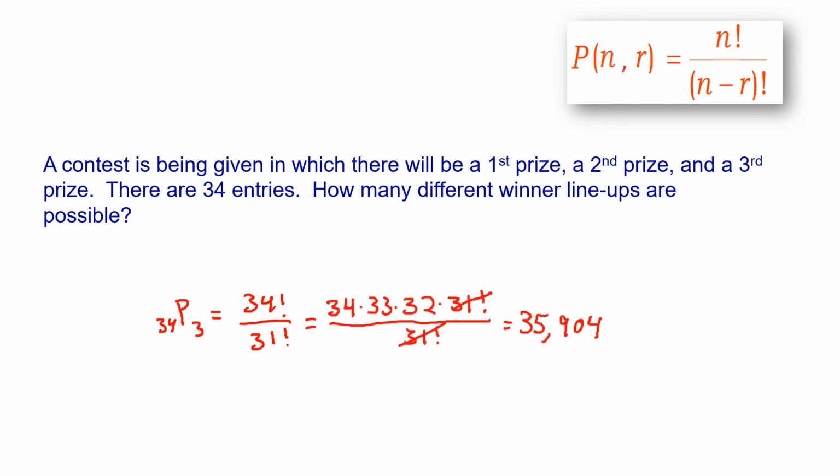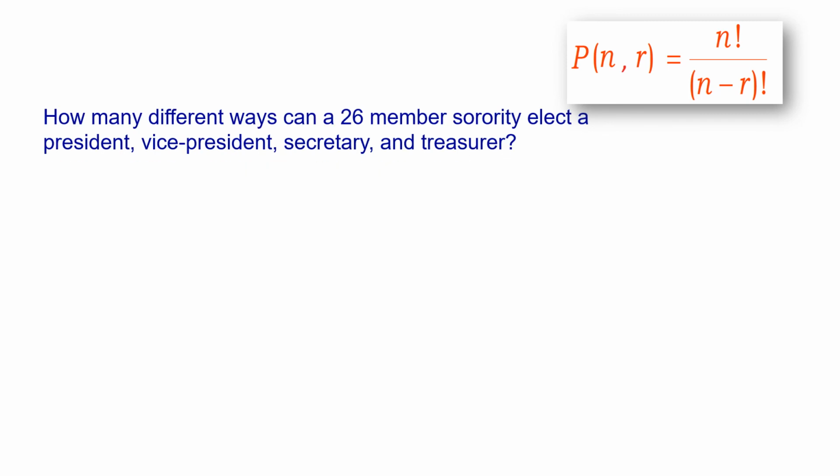Then again, we could write the 34 going down to 31 factorial, and then cancel the 31 factorials, and we would end up with just 34 times 33 times 32. And I advanced the slide a little too quickly before I said what the answer was, so you saw that the answer on that last slide ended up being a little over 35,000.